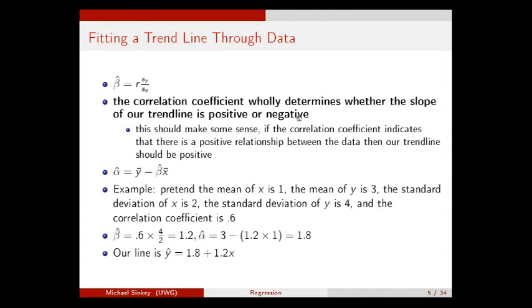The slope, beta hat, that's our estimated relationship between x and y. So think of it like this. Take any relationship you want. Let's look at the one between how long you spend at the mall, x, and how much money you spend, y.